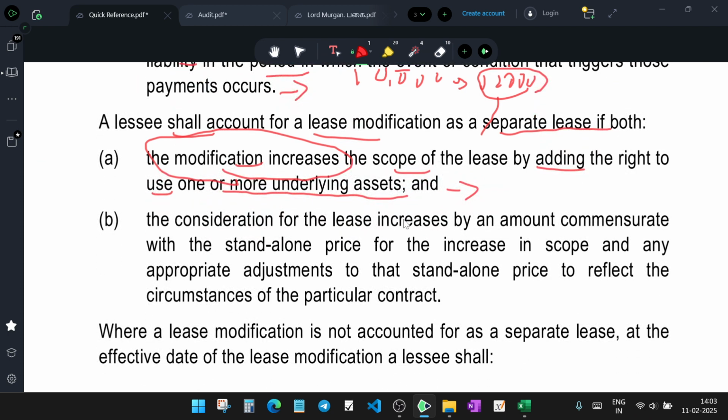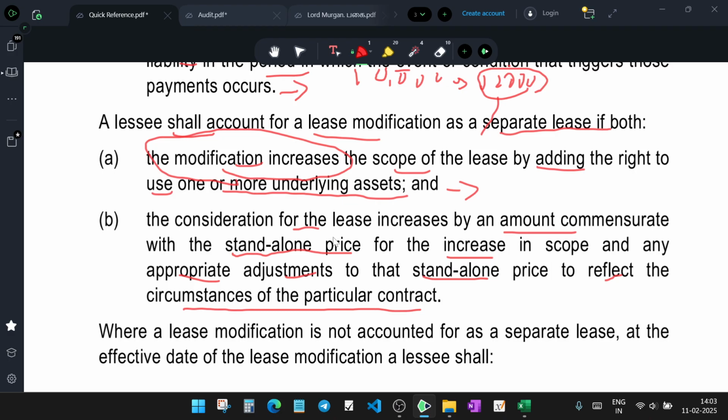So you should consider it as a separate lease. At the same time, the consideration for the lease increases by an amount commensurate with the standalone price for the increase in scope, and any appropriate adjustment to the standalone price to reflect the circumstances of the particular contract.